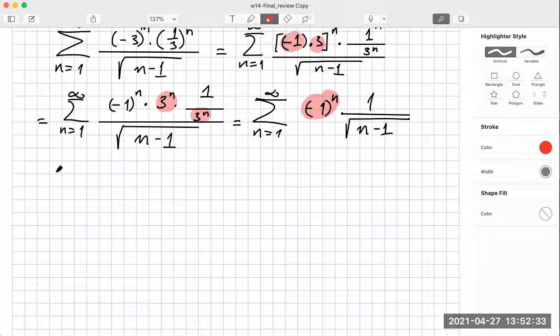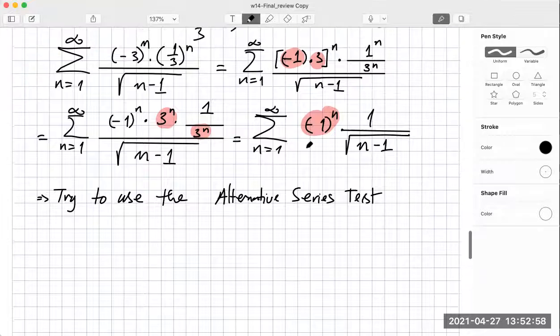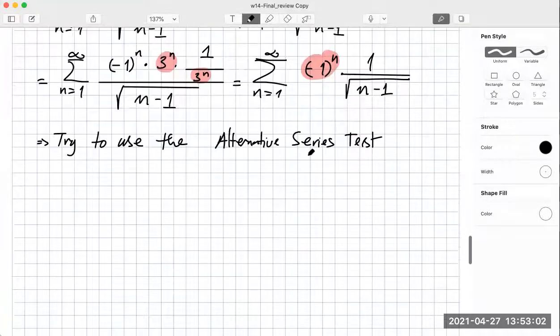We could take what is it called? It's like... no, that's the limit comparison test. I'm not sure. Alternating series test, right? Alternating series test.